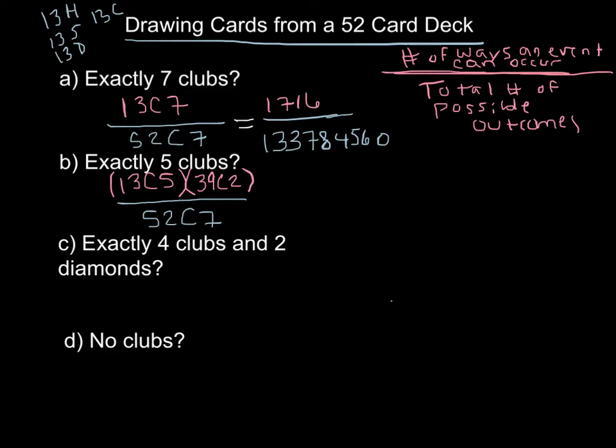This turns out to equal 1287 times 741, divided by that giant number again. And this ends up equaling 953667 over that giant number.